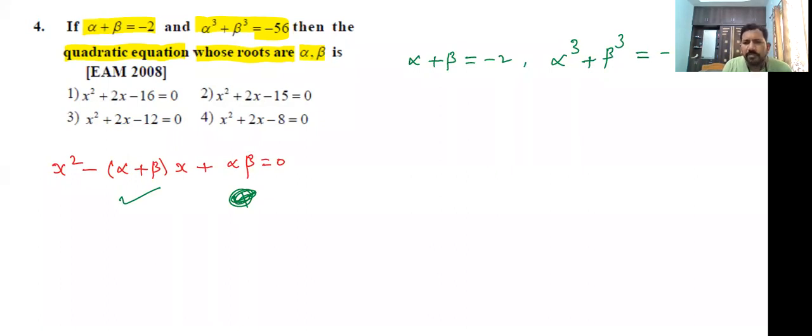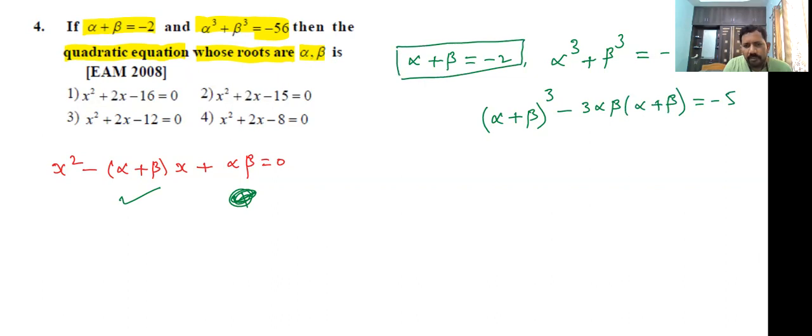This is in the form of a cube plus b cube. What is the formula? a plus b whole cube minus 3ab into a plus b. So that is alpha plus beta whole cube minus 3 alpha beta into alpha plus beta, that is equal to minus 56.